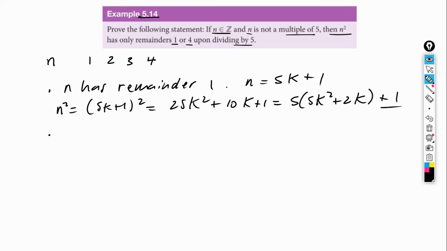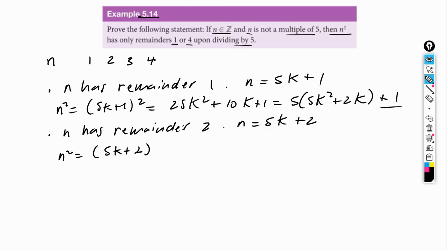Second case, n has remainder 2. So here we can write n in the form 5k plus 2. We proceed in the same way. We go n squared is equal to (5k plus 2) squared. And here in the end, we're going to get 5 times (5k squared plus 4k) plus 4. So this would have a remainder of 4.